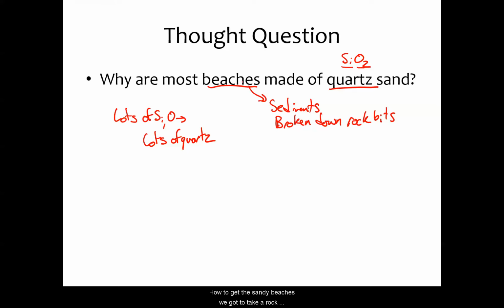So to get the sandy beaches, we've got to take a rock, we've got to break it down, and by breaking it down, by weathering it, it removes other minerals. First, it removes the mafic minerals.